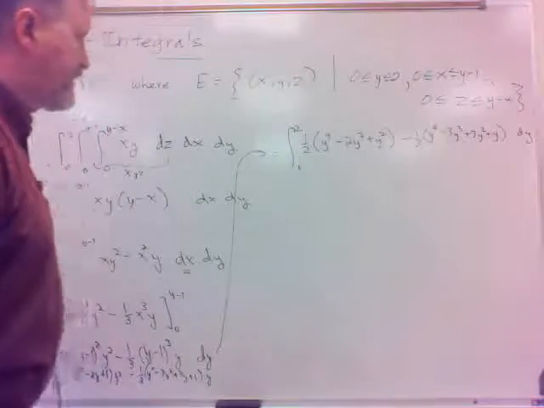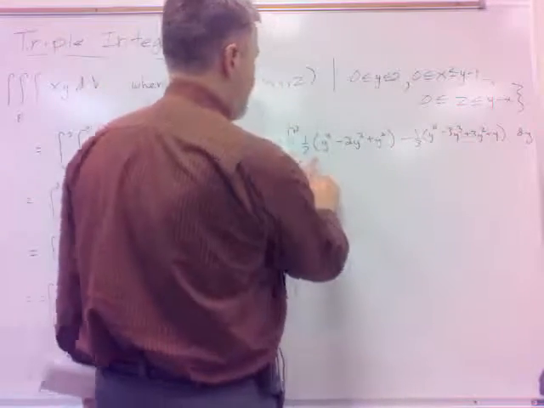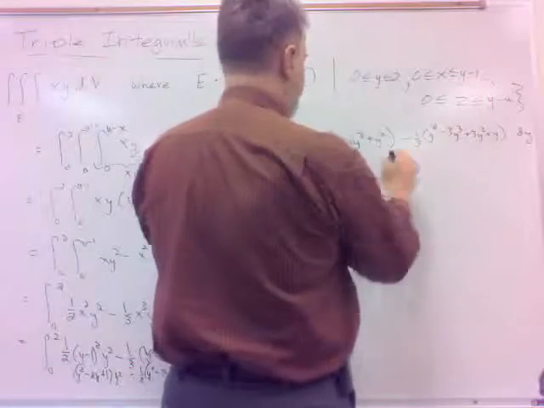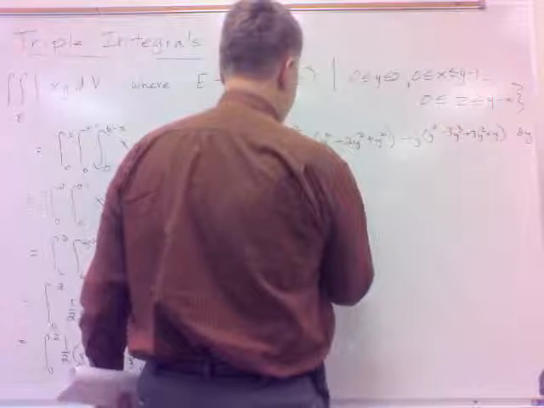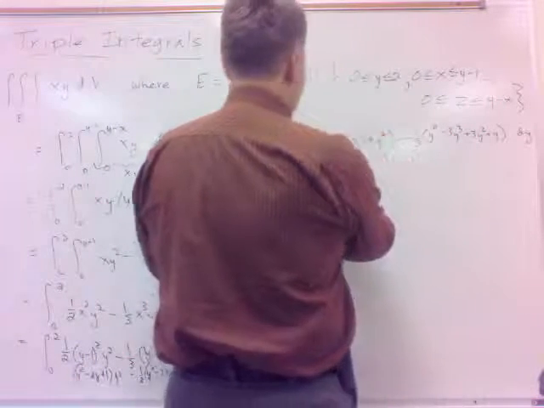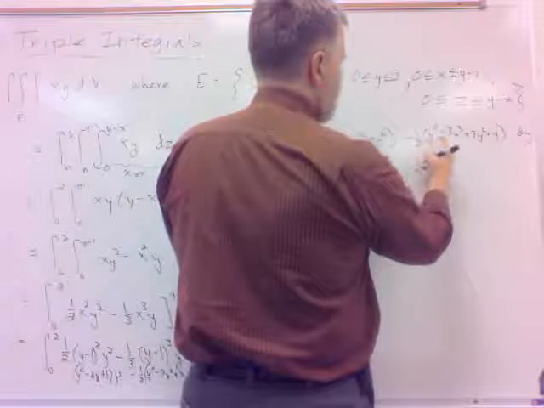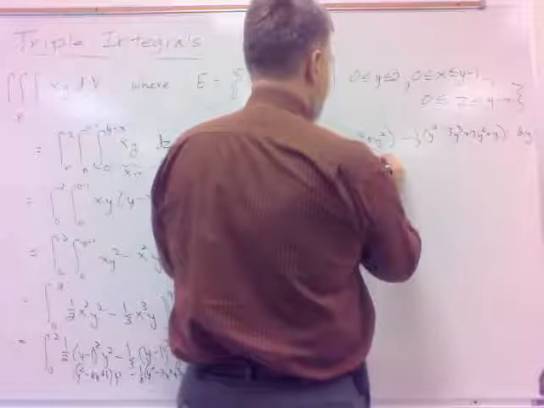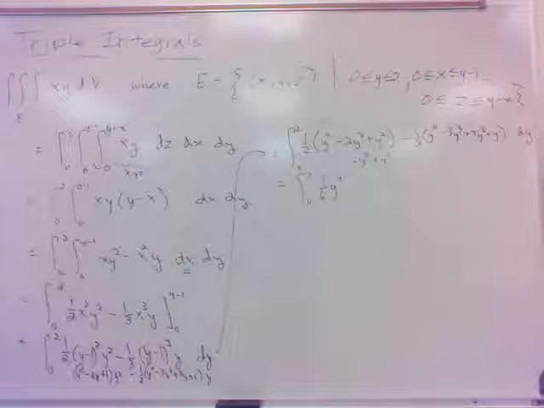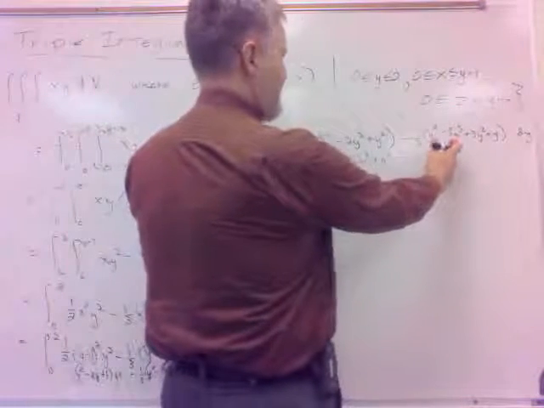And we do have some like terms here, so let's see what we've got. 1/2 y to the 4th minus 1/3 y to the 4th, I believe that's 1/6 y to the 4th. Then we have 1/2 times that, so we have y cubed plus y cubed. Hey, how about that? For the y cubes, I get those to cancel out, don't I?